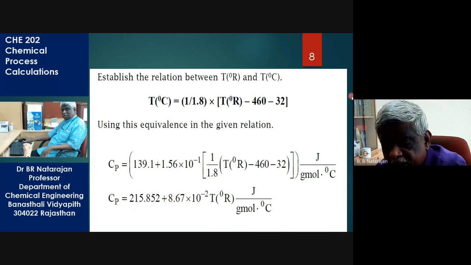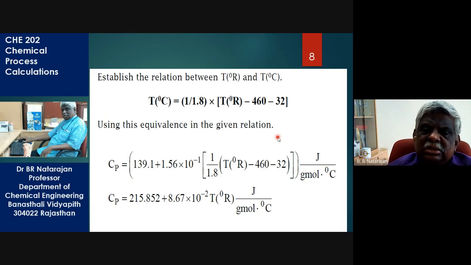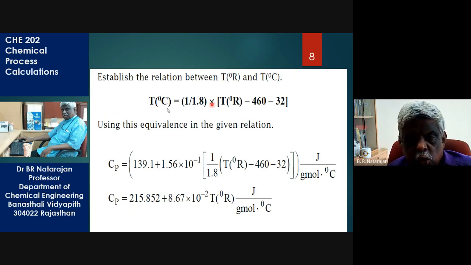Now establish the relation between R and C. See, you know that Fahrenheit plus 460 is Rankine. First convert centigrade to Fahrenheit and then Fahrenheit into Rankine. So 1 by 1.8 minus 32 will convert centigrade to Fahrenheit.